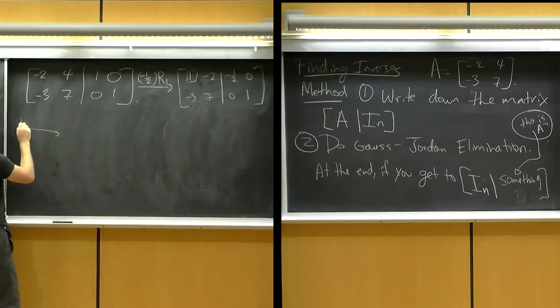So row 2 plus 3 row 1. When you write this, it means the row I'm changing is row 2, and what I'm doing to it is adding 3 row 1s to it.